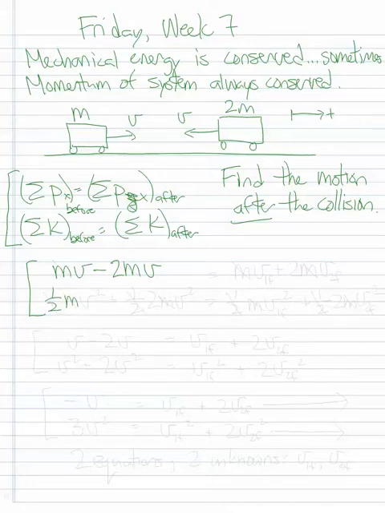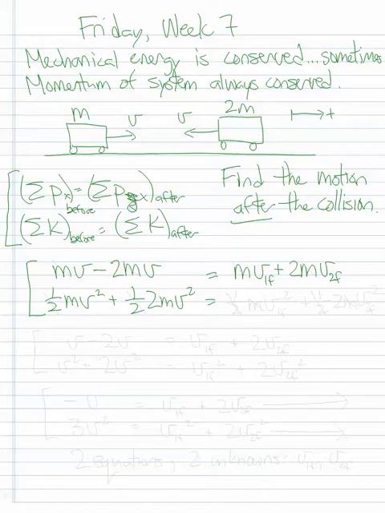And then I have a 1/2 mv squared plus a 1/2 2mv squared. And the momentum after, well, I don't really know what it is, so I'm just going to call it mv1 final and 2m v2 final. And I'm going to let them both be positive. You know, it might bounce back, but I guess we'll find that out.